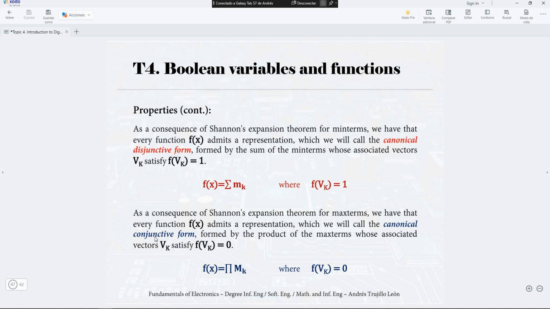And the canonical conjunctive form is the product of max terms for which the function is equal to 0. This is a way of putting this in a formal way, but behind this we have the truth table. We are looking at the ones and at the zeros, and we are going to extract the minterms or max terms depending on what we need in each occasion.